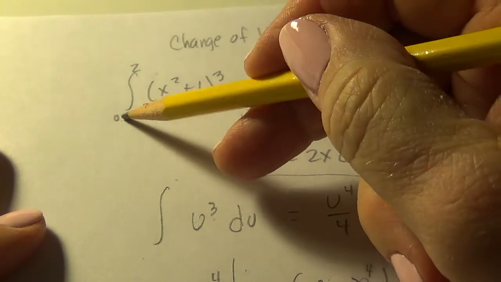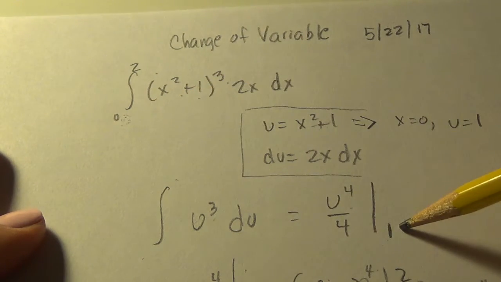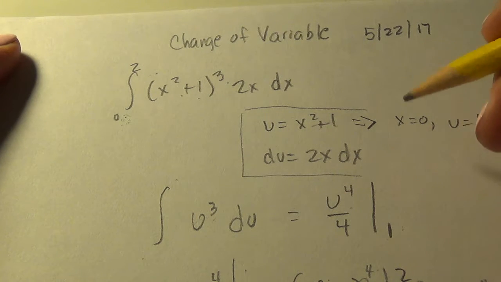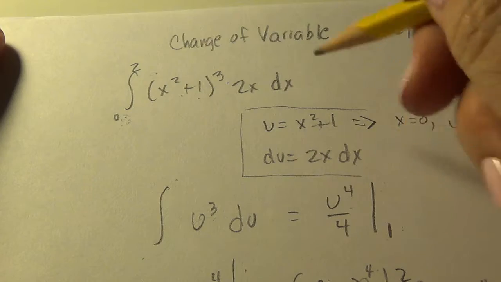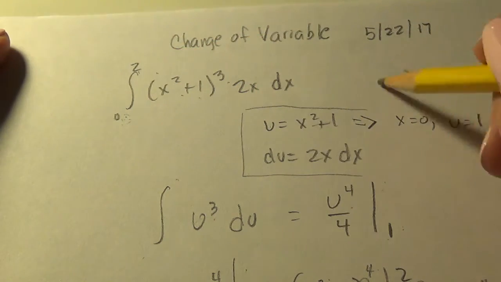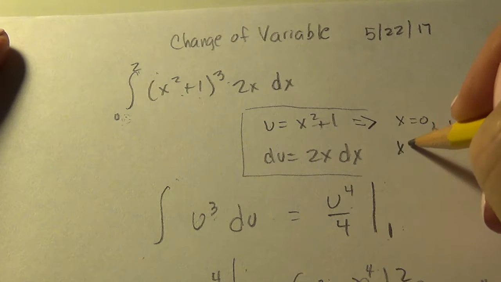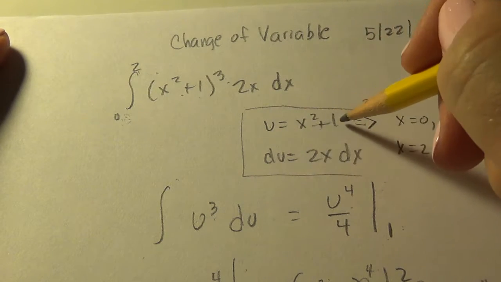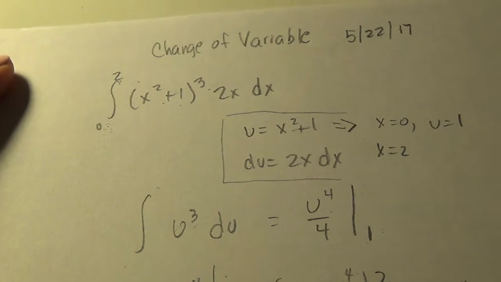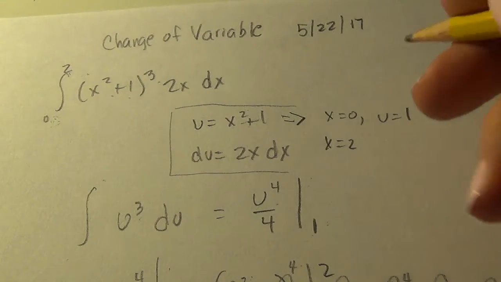It was 0 for x, but for u it is 1. Now, how do we get the upper limit of integration? Well, for x it was 2, so when x equals 2, once again we look at this statement, we get 2 squared plus 1, which is 5.